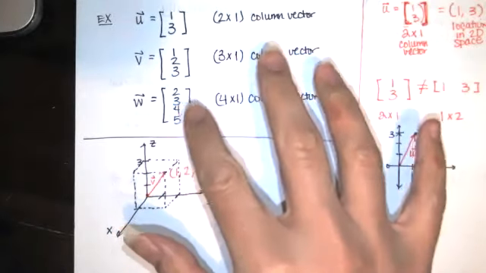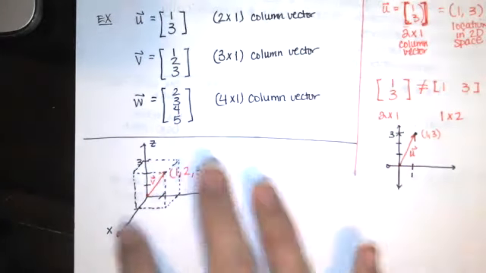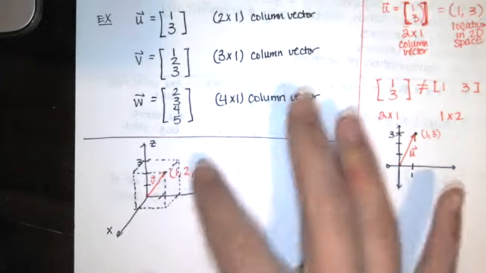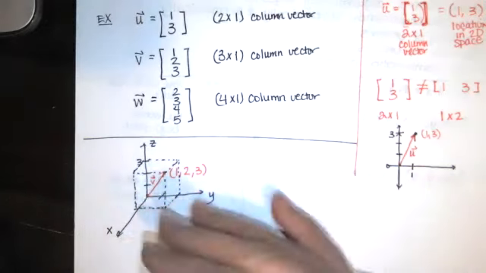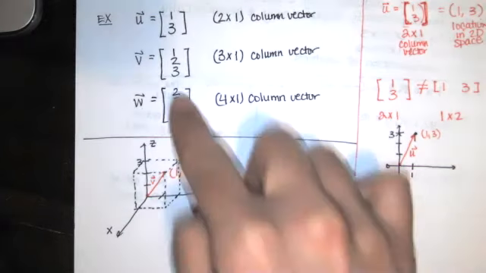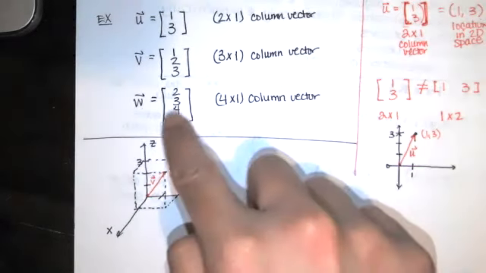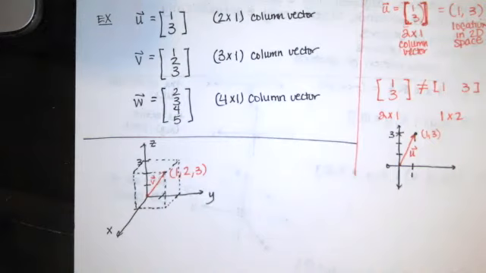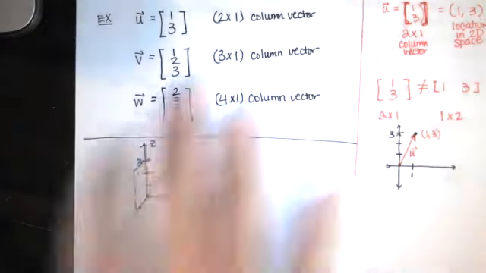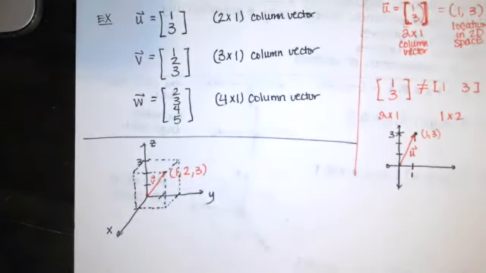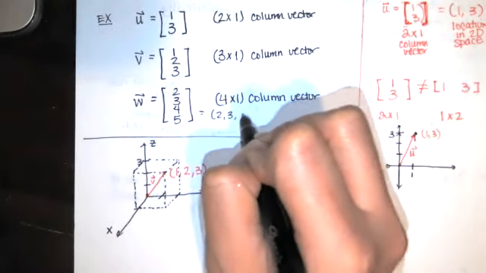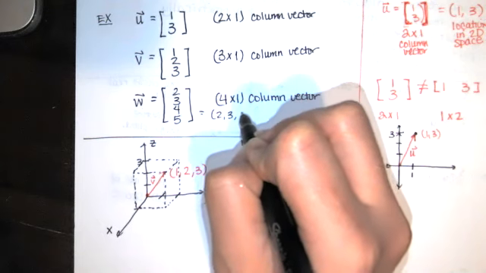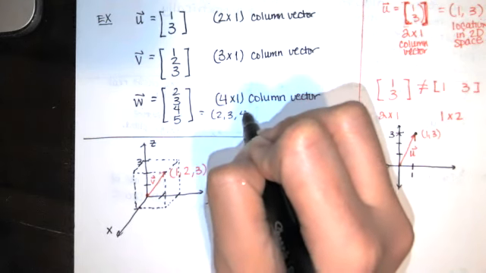Now, I can't visualize this one because I can't draw a fourth linearly independent axis here. I can't draw an axis that is mutually perpendicular to the x-axis, the y-axis, and the z-axis to get that fourth component in our vector w. So I can't draw that, but he is saying that let's associate that vector w with the ordered 4-tuple.